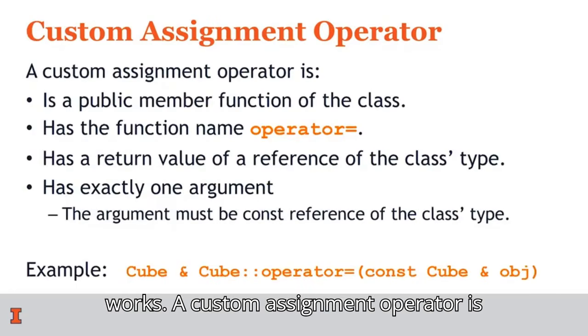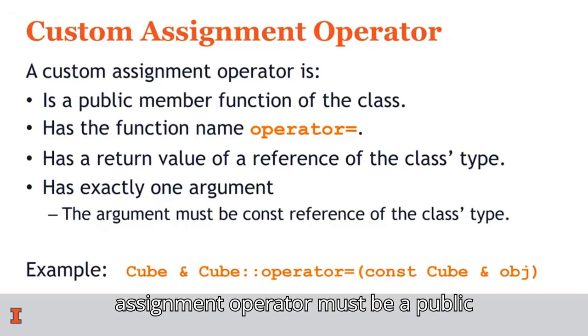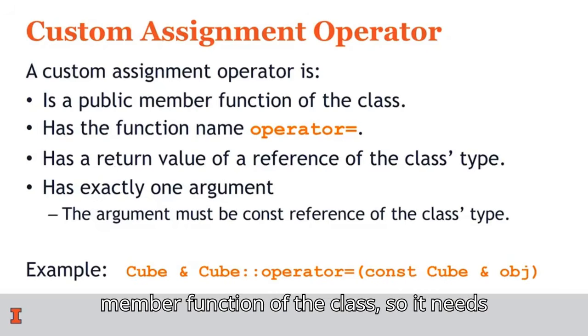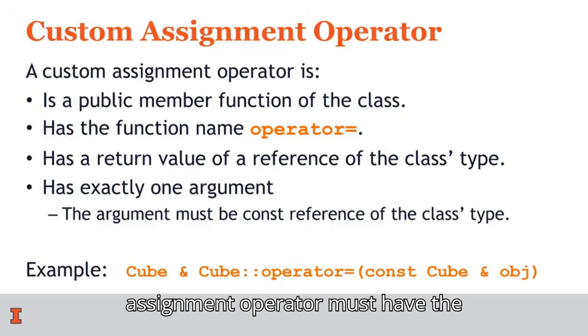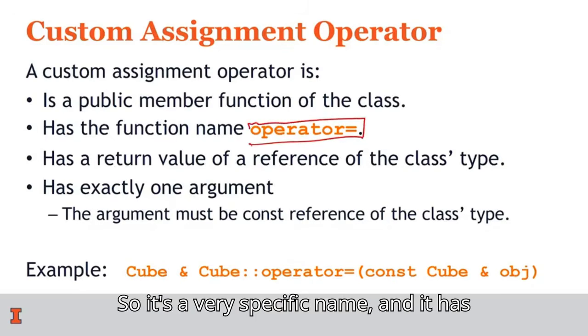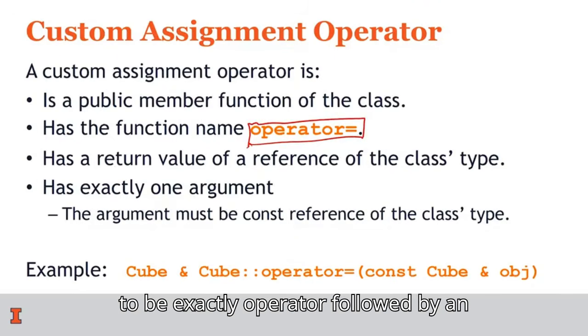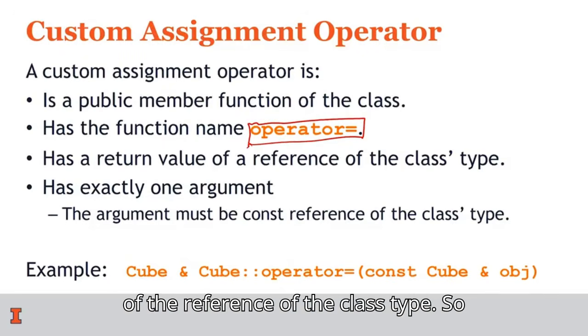A custom assignment operator is going to require four different properties to be true. The custom assignment operator must be a public member function of the class, so it needs to be in the public section. The custom assignment operator must have the function name operator equals. So it's a very specific name, and it has to be exactly operator followed by an equal sign. It has to have a return value of the reference of the class type.